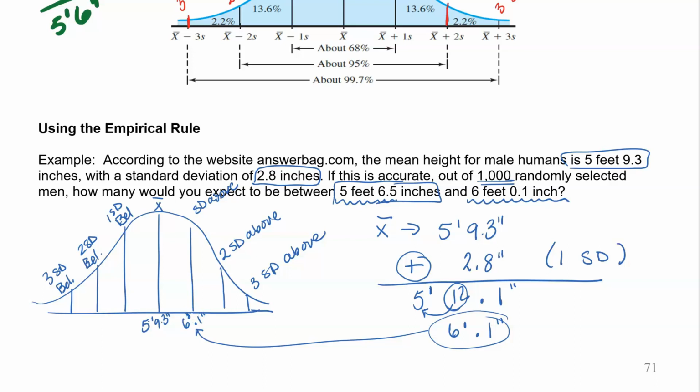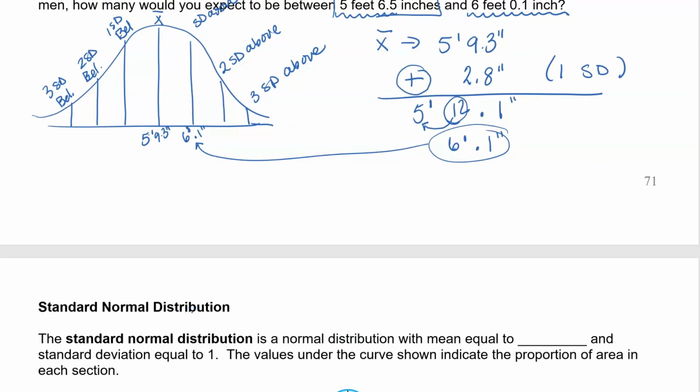Then I'm going to do 1 standard deviation below average. So I'm going to start with my X bar. So my X bar is 5 feet 9.3 inches. That's my average. And now I'm going to subtract the standard deviation. So this is going to be 1 standard deviation below because I'm subtracting.